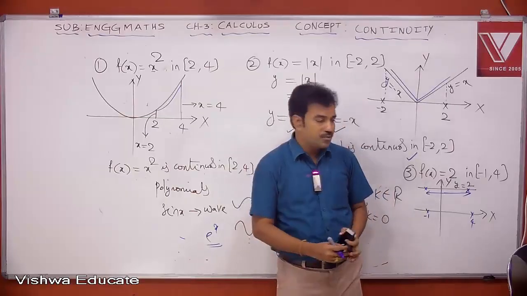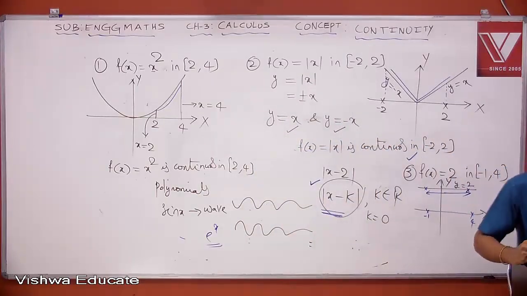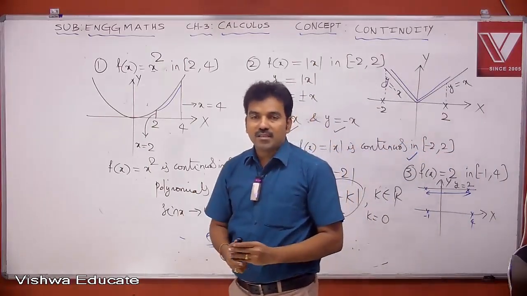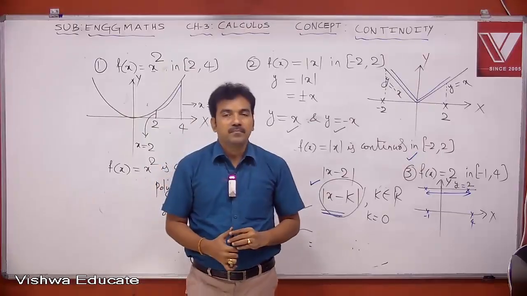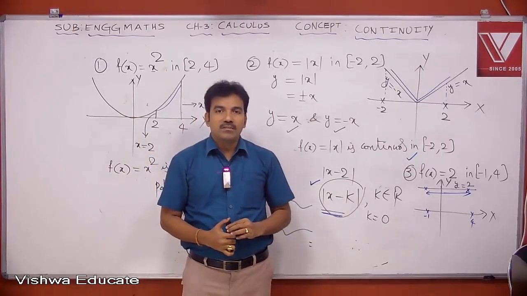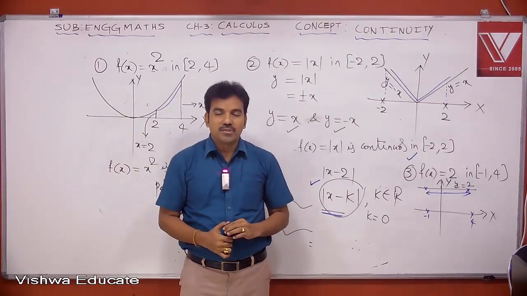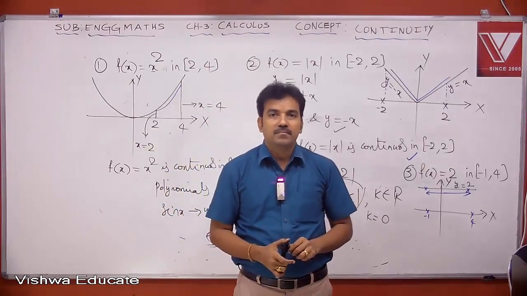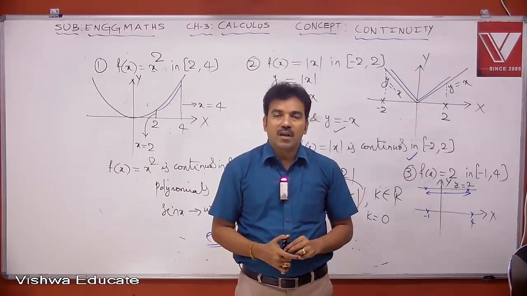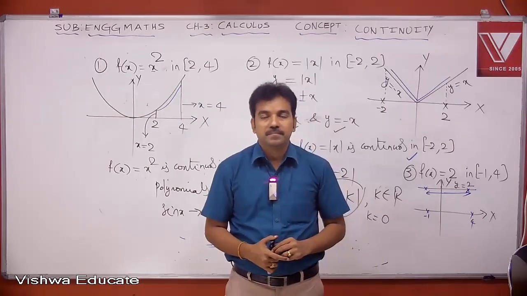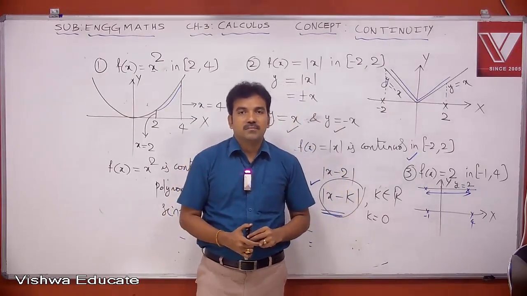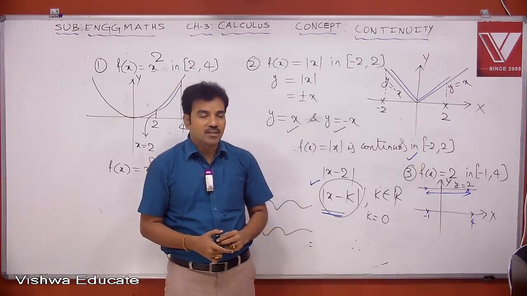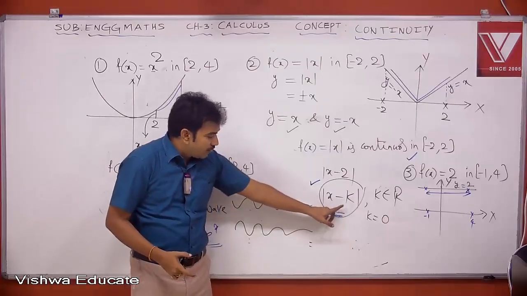So note all these examples. Now we write the conclusion from all these examples. Note: all polynomials, constant functions, sin x, cos x, e power x, and modulus of x minus k.